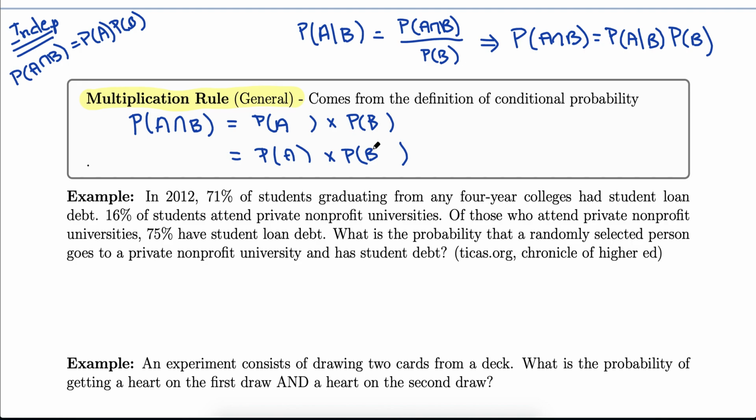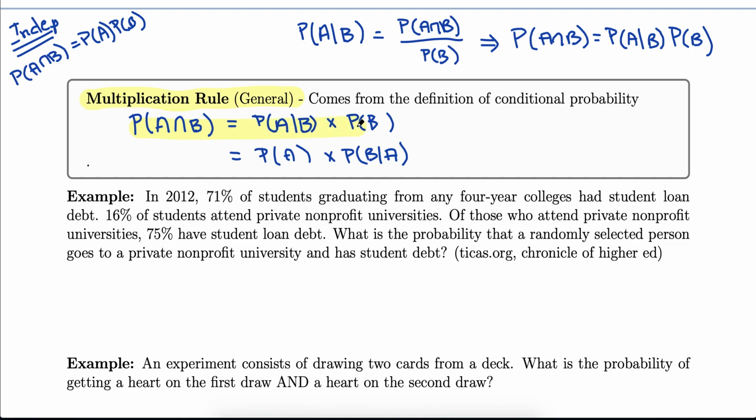Then you must go back in and write a given or a conditional statement on one of the two terms, depending on what you know in the problem. So for example, I might have A given B. I might put the conditional information on this first term, or maybe I'll have probability of A times probability of B given A. So again, start off with A times B, and then go back in and add a conditional or a given on one of the two terms, depending on what you know from the problem.